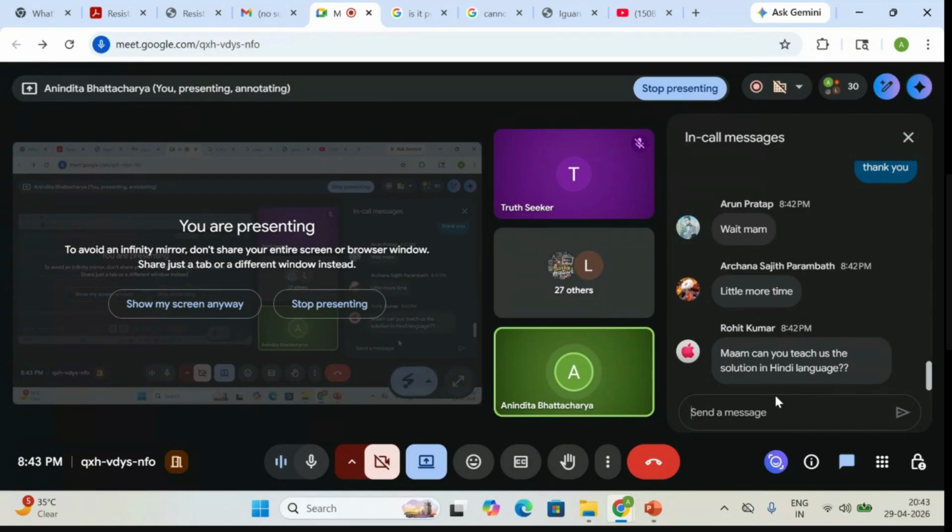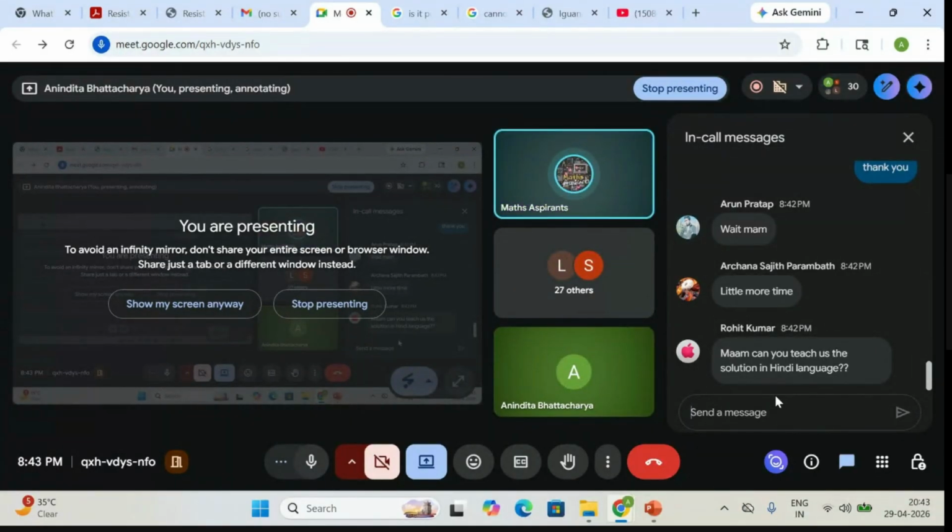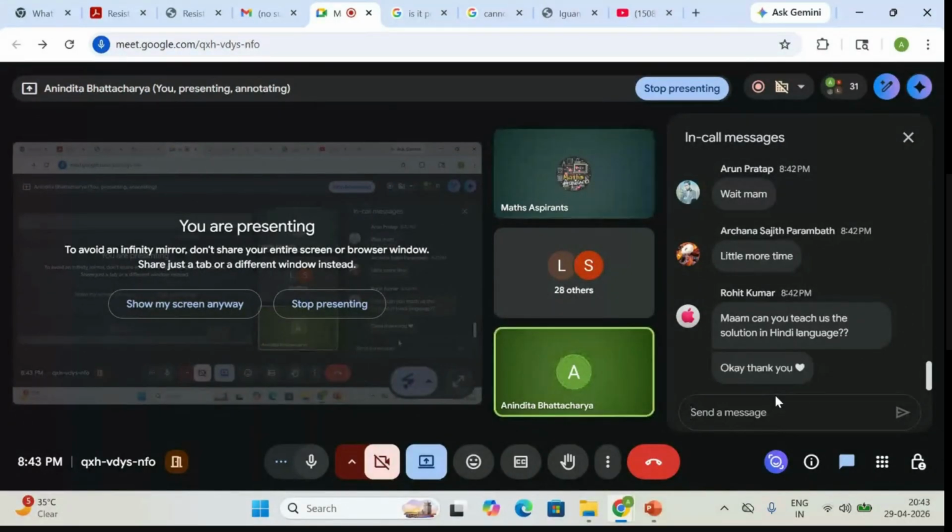I will first show the solution, then Rohit, I will try and speak in Hindi. It will be very difficult and probably very bad. I have never tried this before, but I will try. We have participants from different places, so English will be more comfortable. So I will definitely speak in English, and sorry, Rohit, we can't speak in Hindi.